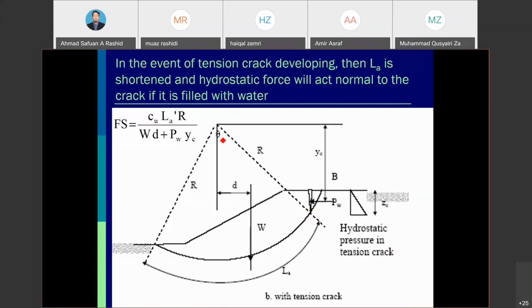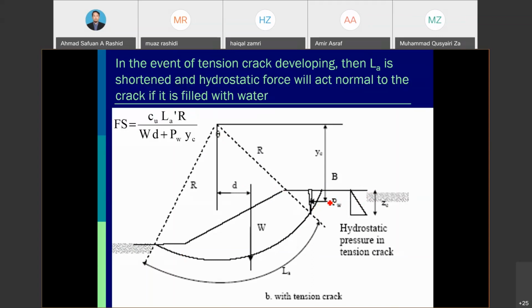Then we divide with the driving force contributed from the width of the block, and also this we consider as additional load. Sebab air akan penuhi area sini, dan air ni akan contribute to the driving force.